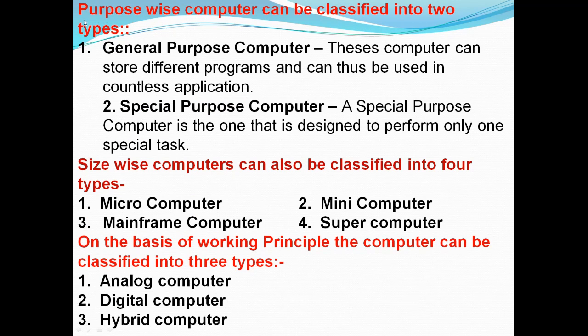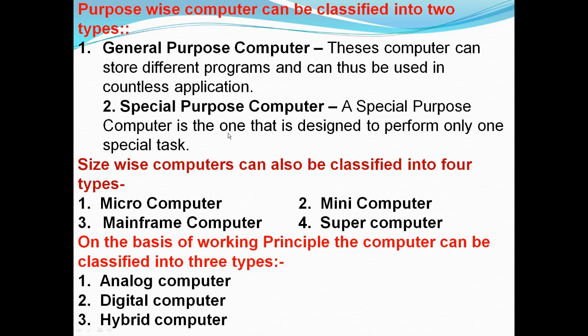Now, computers can be classified generation-wise, characterized in 5 generations, but purpose-wise they are classified into 2 types: general purpose computer and special purpose computer. General purpose computers can store different programs and can thus be used in countless applications.